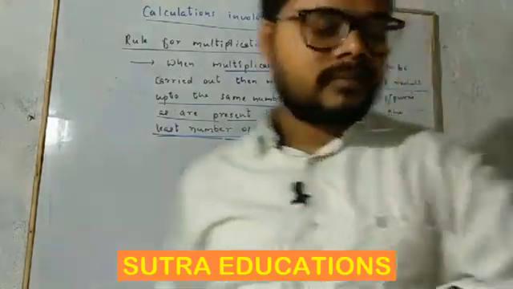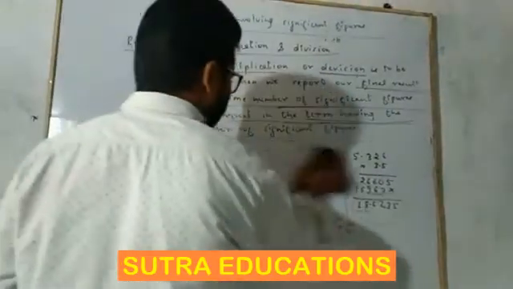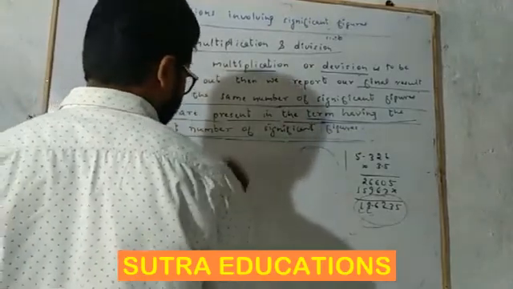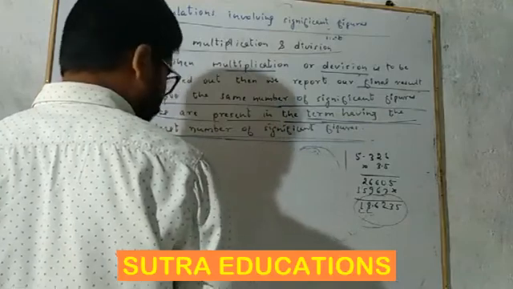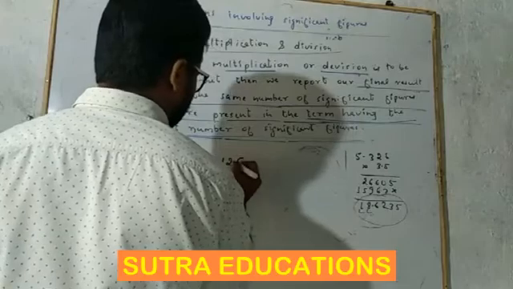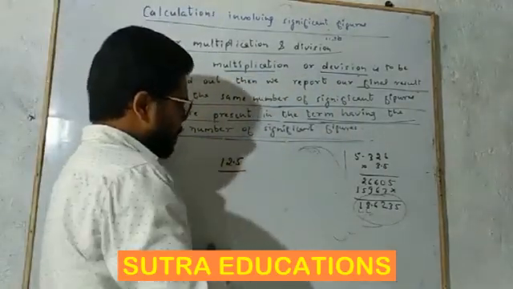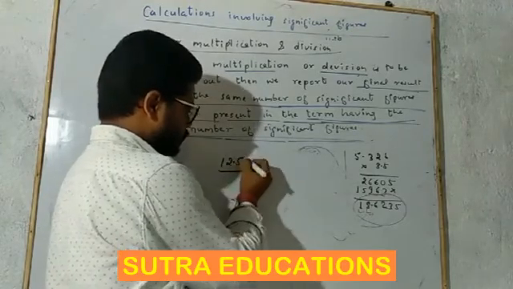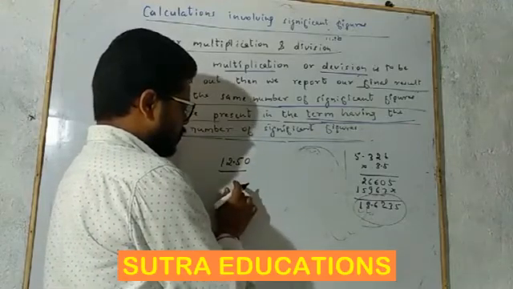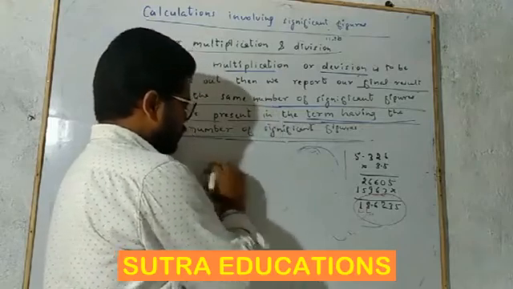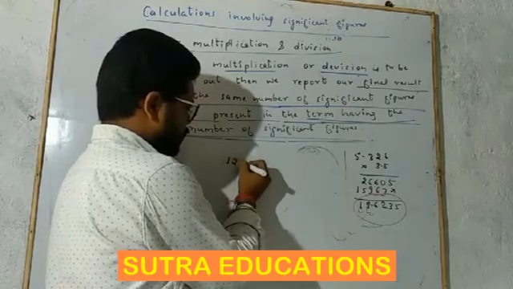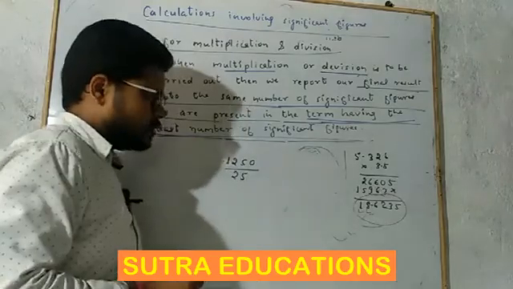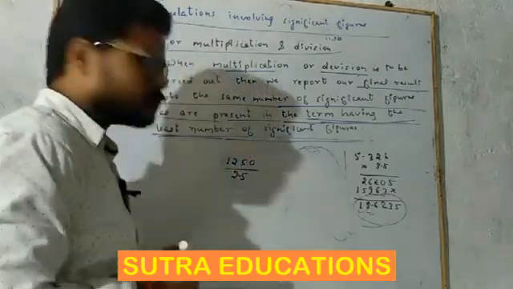Take one more example. This time it is division, division of 1250 by 25.